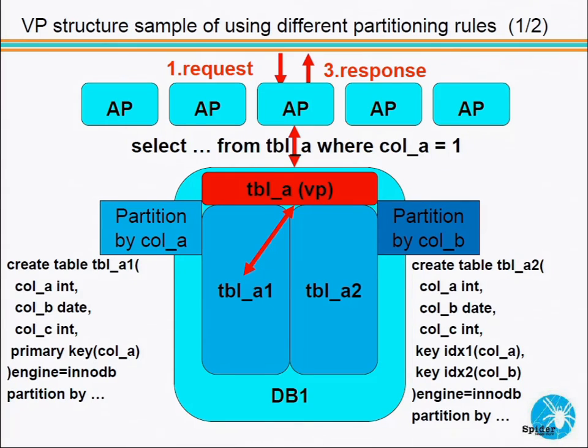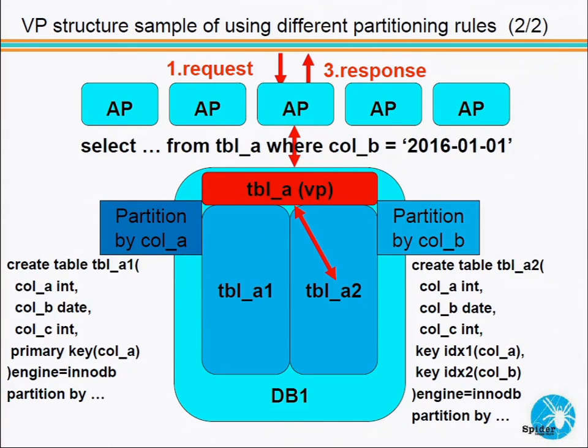When an application sends a query with where column A equal 1, VP chooses table A1 for executing the query. On the other hand, when an application sends a query with where column B equal something, VP chooses table A2.